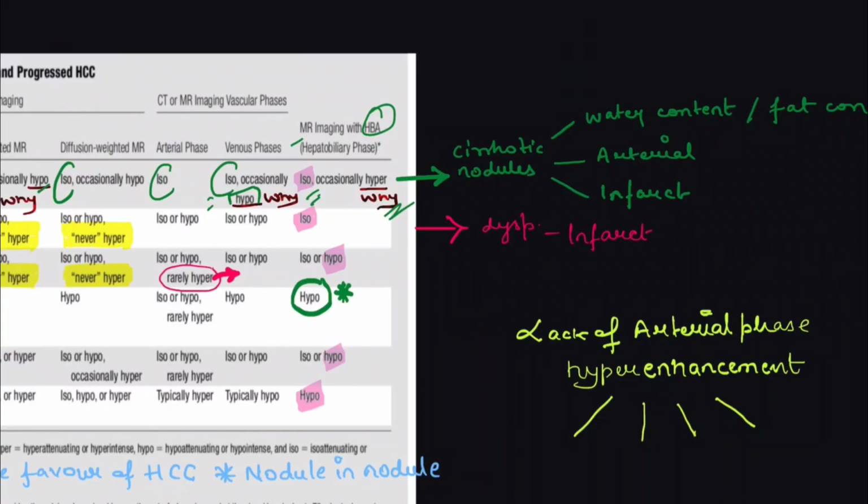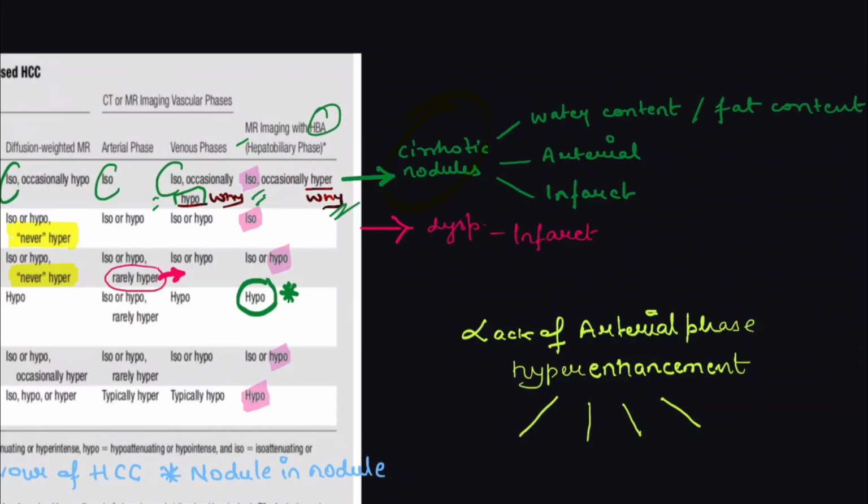Some other things about these cirrhotic nodules is that sometimes the liver is so cirrhotic that they have more water content as compared to the surrounding liver parenchyma, and as they have more water content, they can be hypo on non-enhanced images.